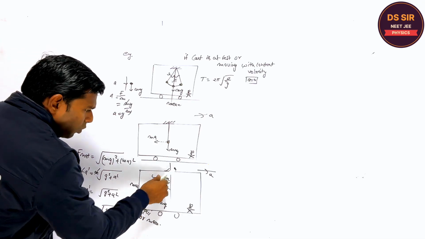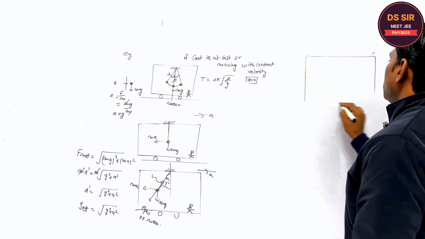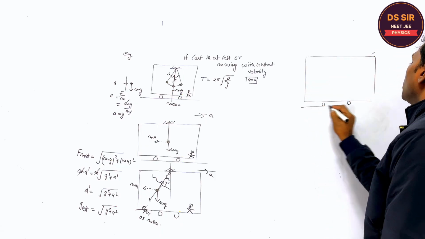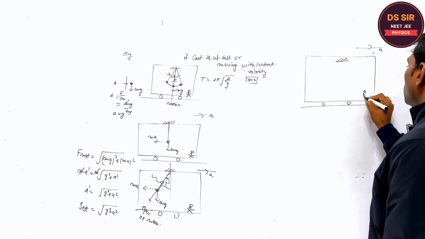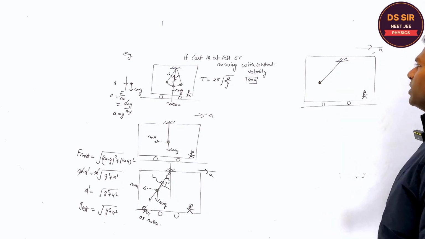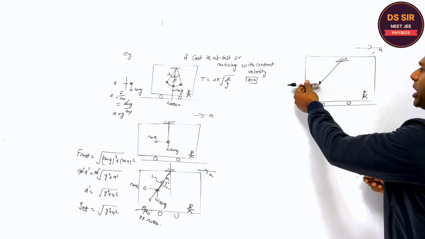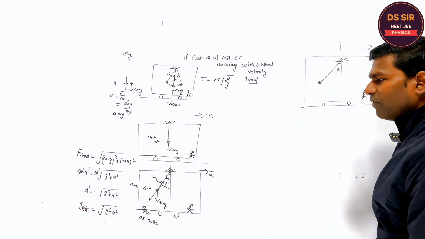Right. So now, although it is the mean position, look, when a car is moving in the forward direction with acceleration a, with respect to the car, the block will be in equilibrium in this way. Why? Because ma and mg are acting and it will be in equilibrium. What will be the angle alpha?